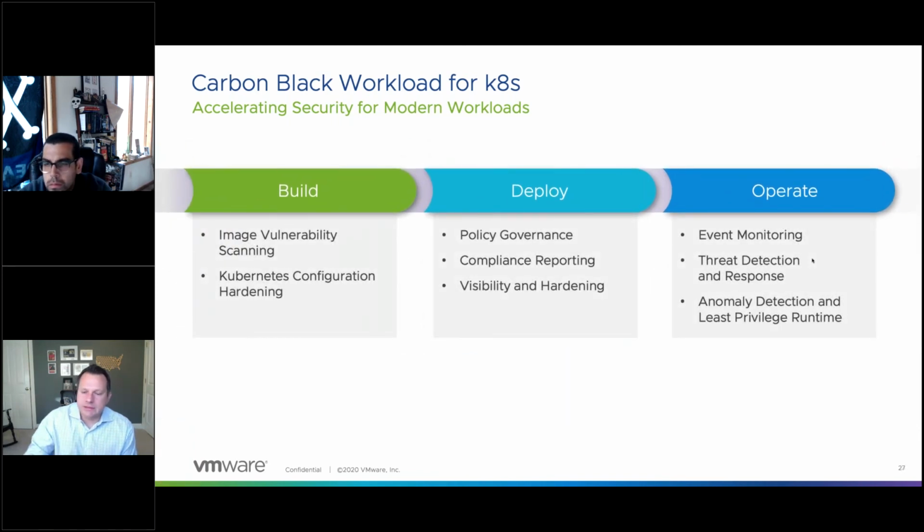Okay, so these are the use cases I described with Carbon Black Workload for Kubernetes. The key point I'd take away here is that when we talk about workload security, our thought process is you have to think about this in a holistic way.